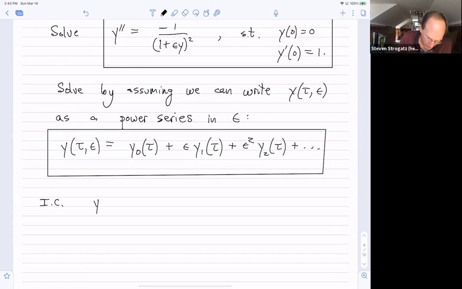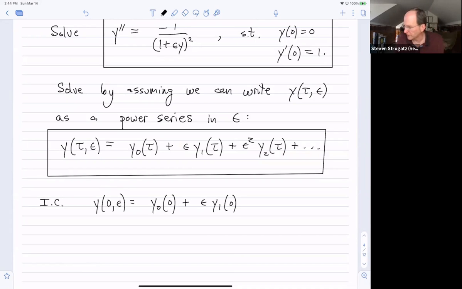So the initial condition we know is that at time 0, y of 0, well, that'd be y0 at 0 plus epsilon y1 of 0. And actually, I'm not going to keep the epsilon squared term, so I'll just write plus dot, dot, dot. We'll only do this to order epsilon.